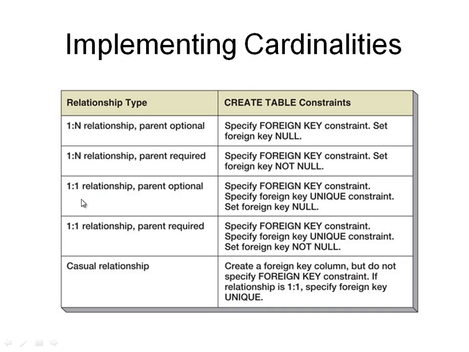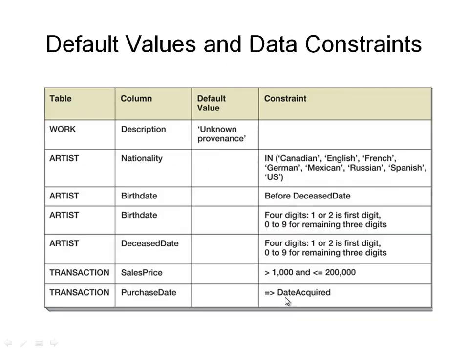For the one-to-one relationship, parent optional, we specify the foreign key constraint and specify the foreign key unique constraint and it can be null, while if required it will not be null. And there is a causal relationship where we create a foreign key column but do not specify a foreign key constraint. If the relationship is one-to-one, we specify the foreign key as unique.